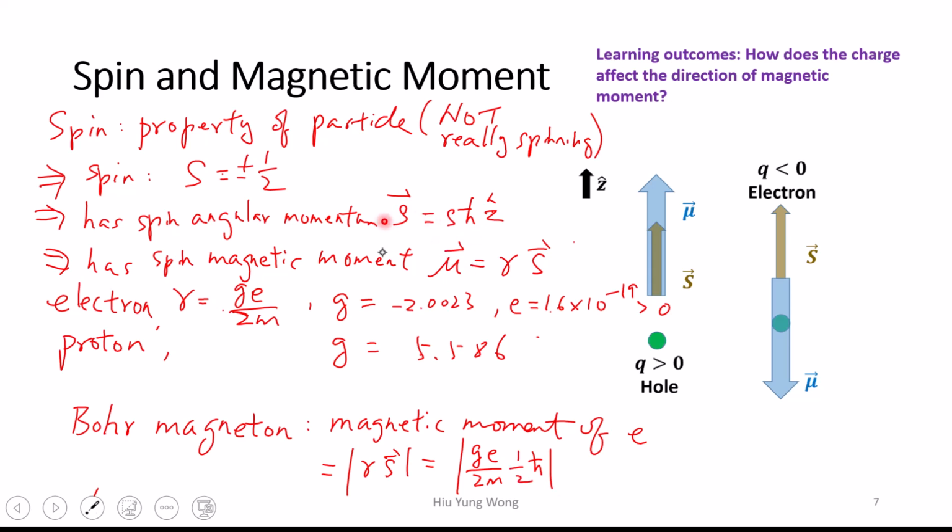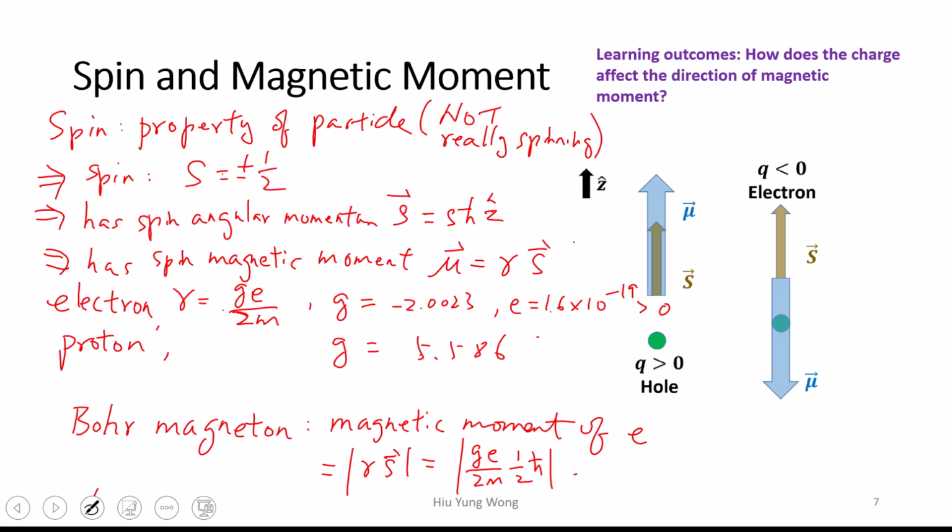Because the spin angular momentum is s times H bar, right? And s is plus minus 1/2, the spin. So maybe now you should memorize it: spin angular momentum is just plus minus H bar over 2, right? For electron. So what is this?